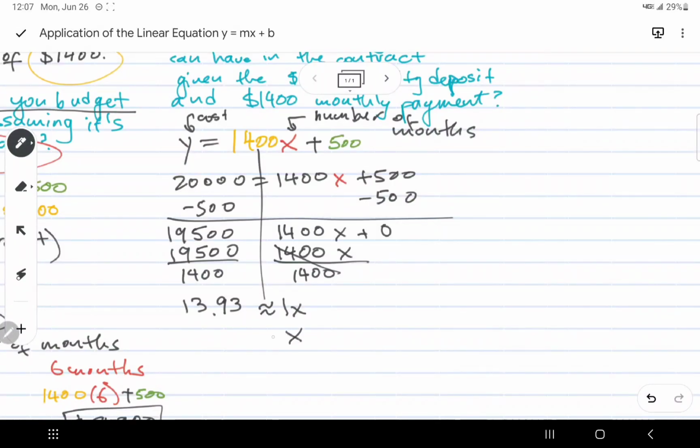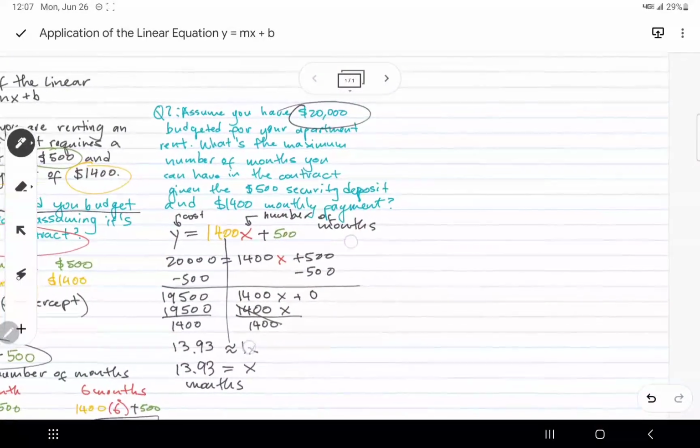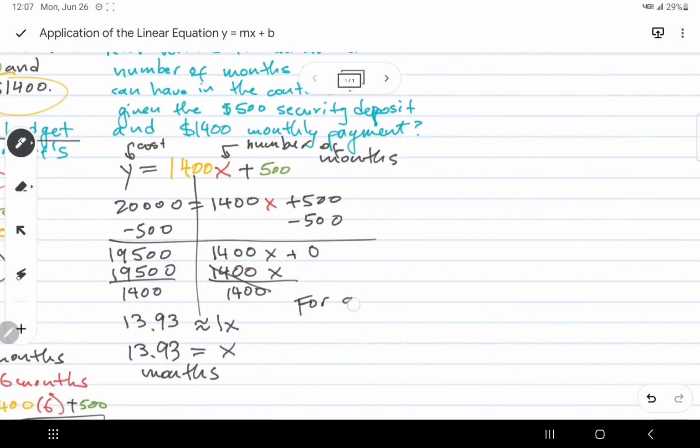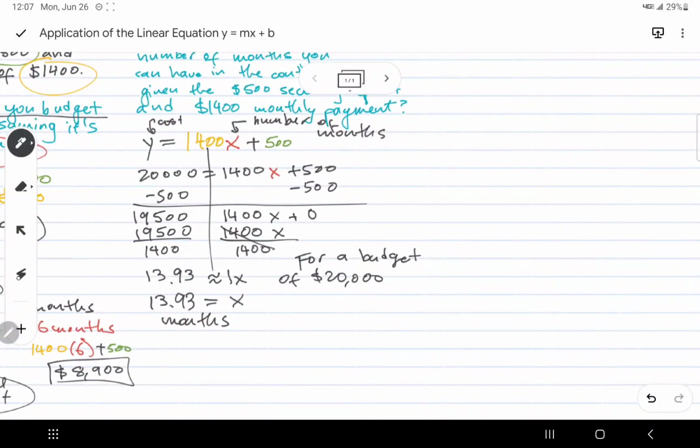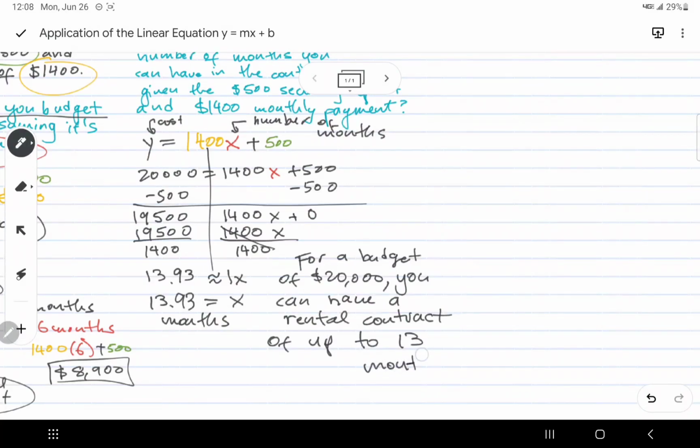So in all, X is equal to 13.93 months, or for a budget of $20,000 as given in this question, you can have a rental contract of up to 13 months.